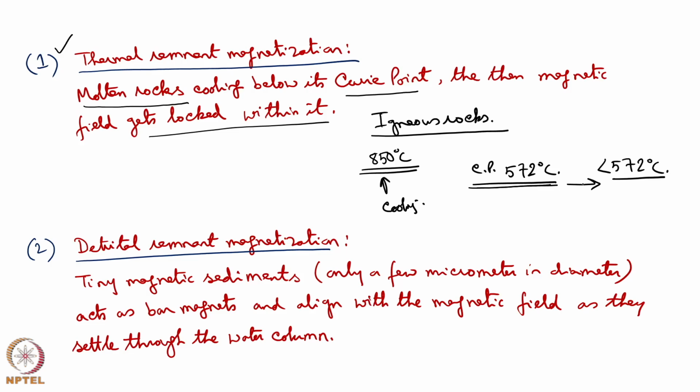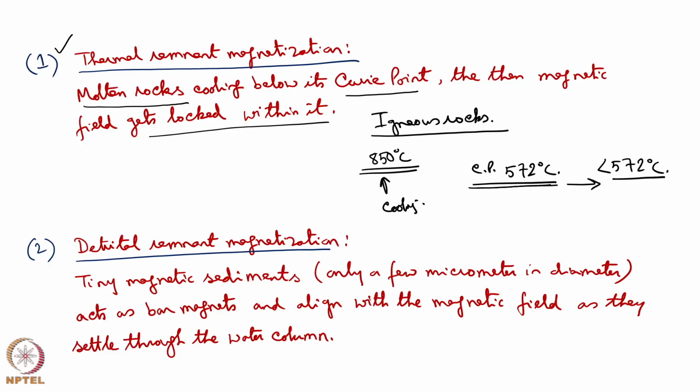When this transition was happening, there was the Earth's prevailing geomagnetic polarity, either normal polarity or reverse. The rock captures that geomagnetic polarity when the temperature dropped below 572 degrees centigrade. So now, if we study this igneous rock, which has cooled from above the Curie point to below it, we will know whether the Earth's magnetic field was normal or reverse when this transition happened.